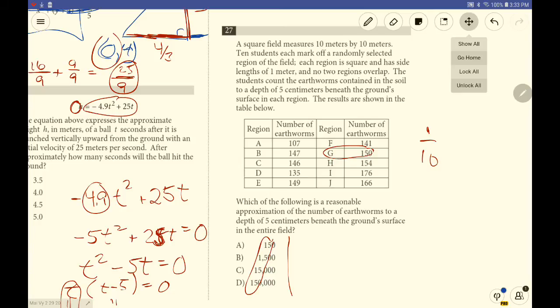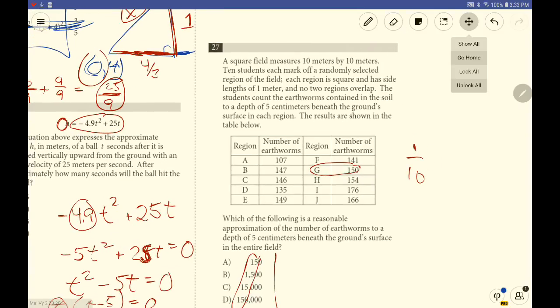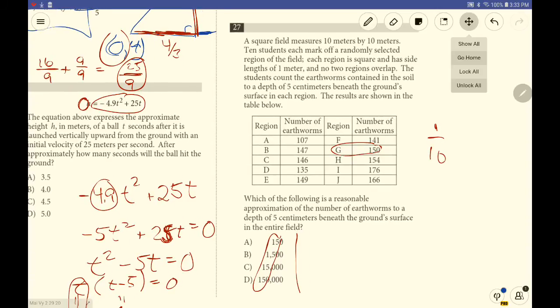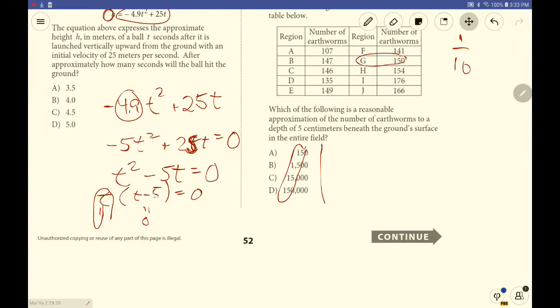So we can actually take region G to represent the whole problem, because the number of earthworms there was 150. So we have to recognize section G is 1% of the whole field. So we just have to multiply the 150 times 100 to get the estimate for the whole field, which is 15,000. You could also add up all these 10 numbers and multiply what you get by 10, since this table represents 10% of the whole field. But that'd be a lot more work.